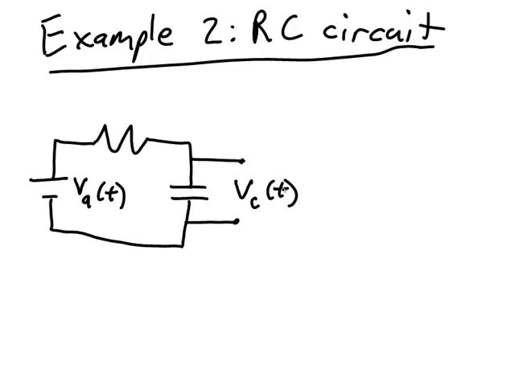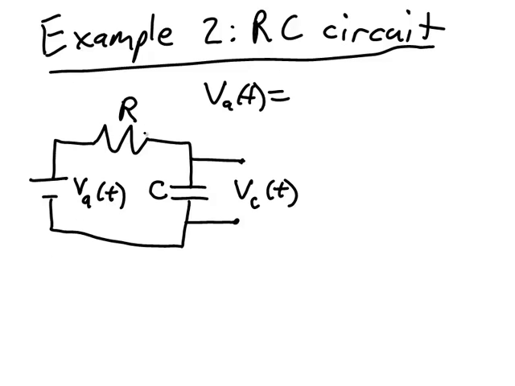Since we already have our diagram, we now need to apply the laws that apply to this situation. Because it's a circuit, the first law we're going to apply is Kirchhoff's voltage law. This says that the applied voltage is equal to the voltage lost in the resistor plus the voltage lost in the capacitor.